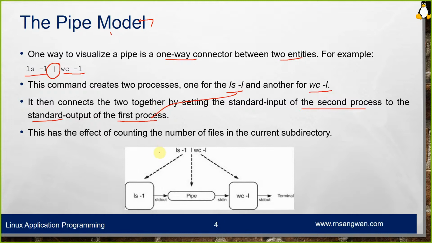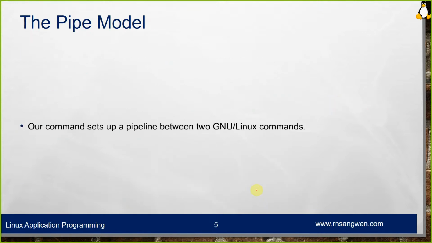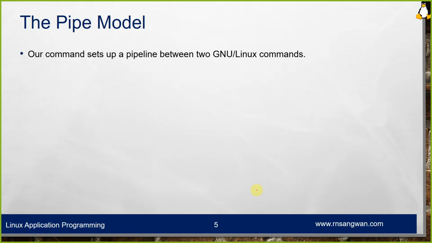So ls -l is executed. Whatever the output is, that is sent to the pipe. This vertical bar is representing the pipe, and then the wc -l command takes input from this pipe and sends the output to the terminal. Our command sets up a pipeline between two Linux commands.